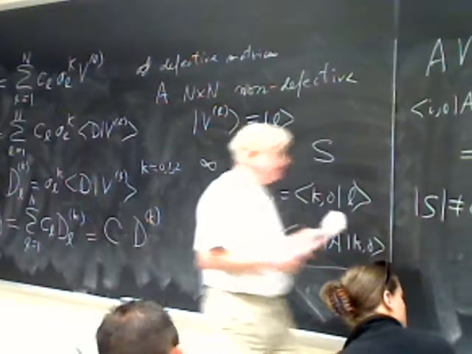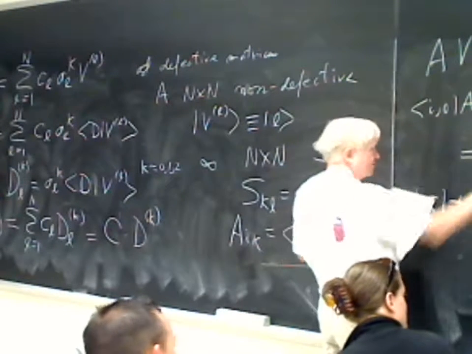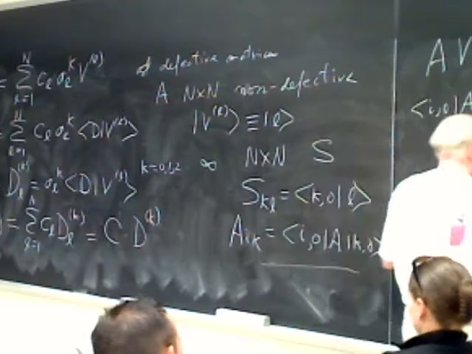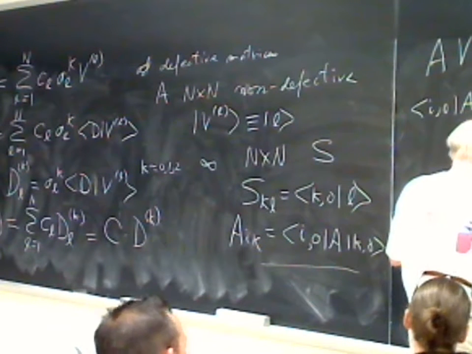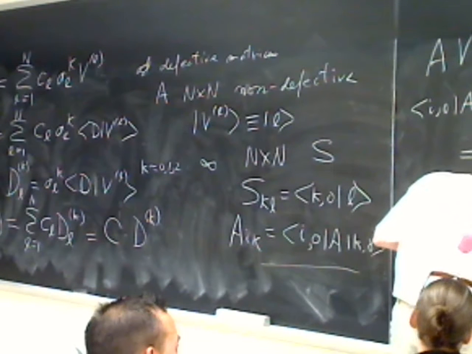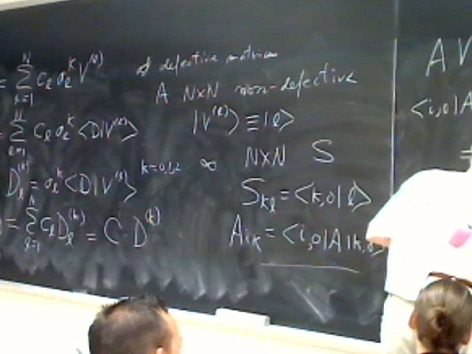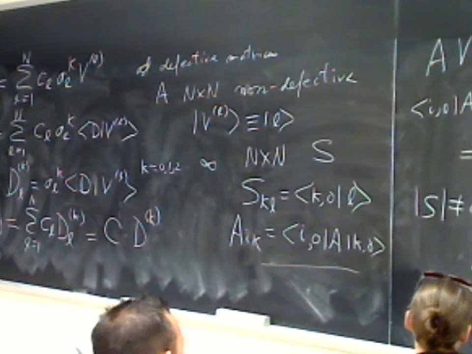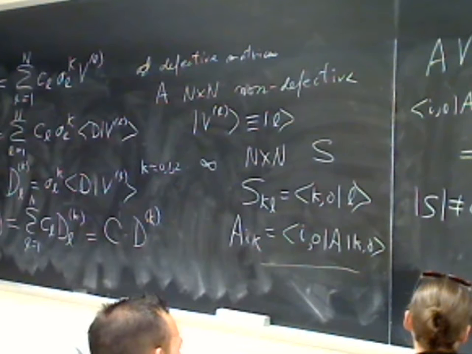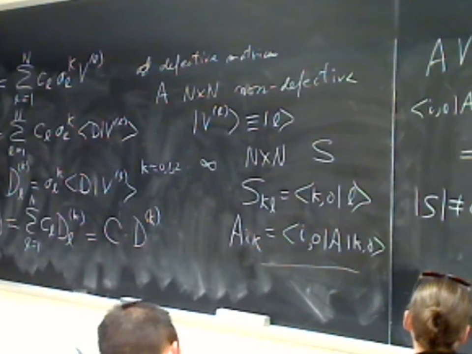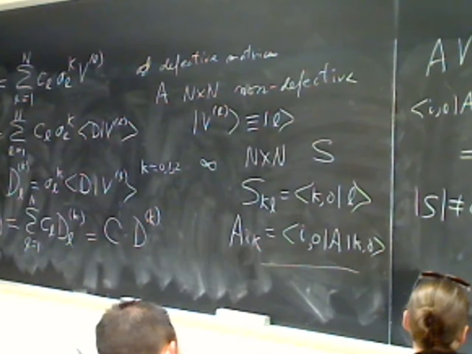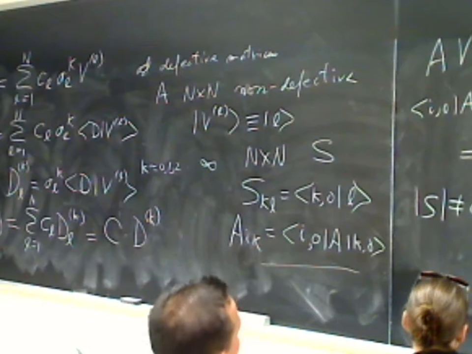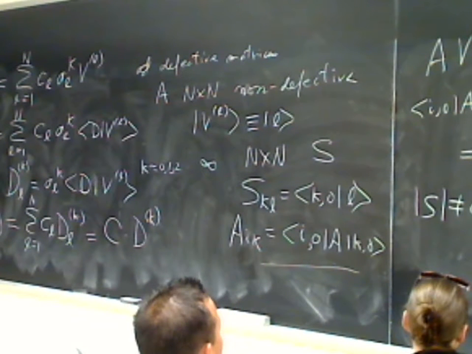And since S has an inverse, we can multiply this equation by the inverse matrix, and then we get the sum, I, K going from 1 to n, of S inverse_NI, A_IK, S_KL, which is then equal to the sum I equals 1 to n of a_L, S inverse_NI, S_IL.